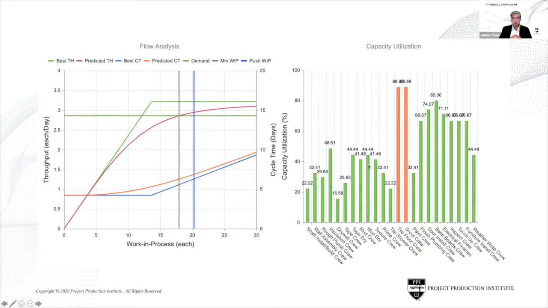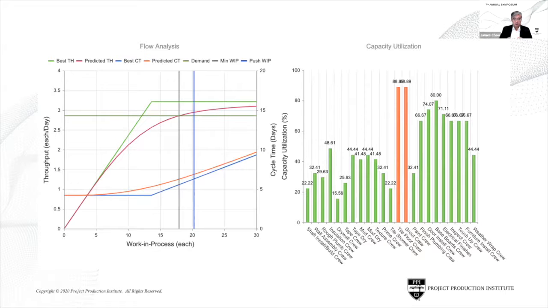So if you increase the work in process unnecessarily, the physics, operations science, says your cycle time is going to increase, which means more money tied up and potential risk of missing your milestone dates. If you go too low on your WIP, then you're going to be missing your milestone dates because you can't produce enough.